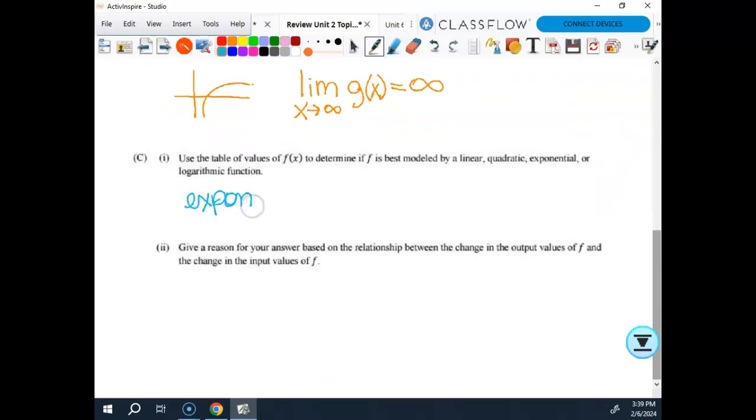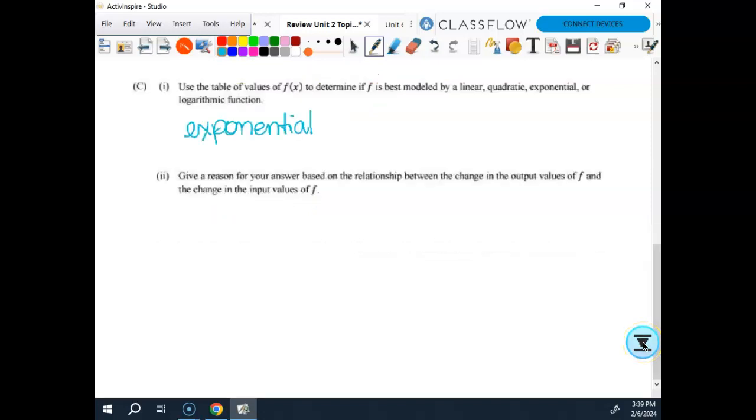And I instinctively just wrote out my reason why without realizing that didn't say explain. And then the second little bullet here says, give the reason for your answer based on the relationship. Okay. And since it's worded like this with the change in the output and the change in the input, I would, just to be safe, go ahead and use those words instead of x and y, because y is not even up there. It's f of x. I don't have to repeat the exponential part.